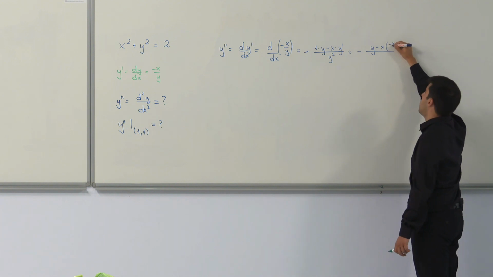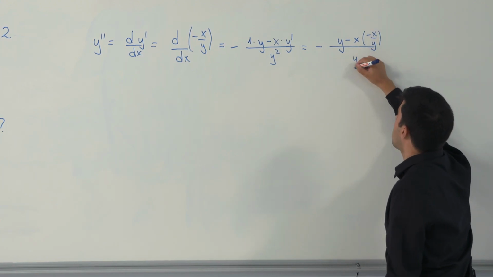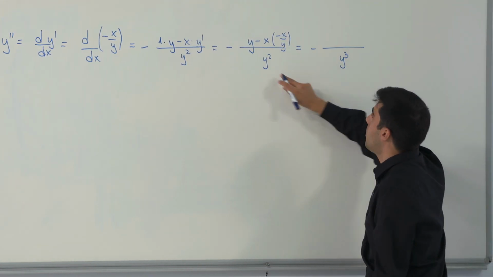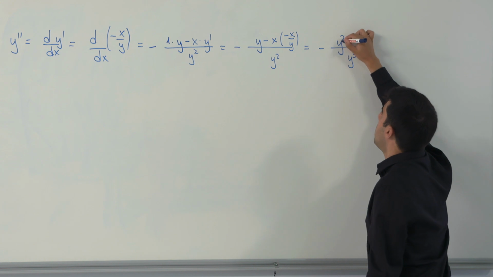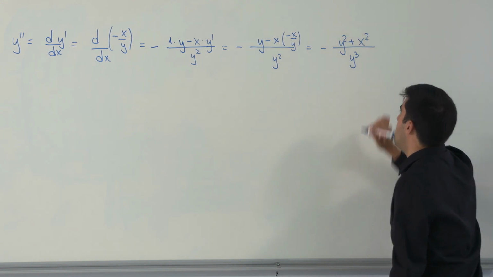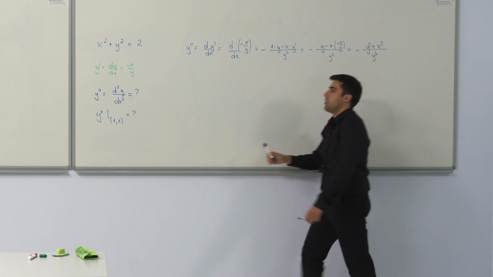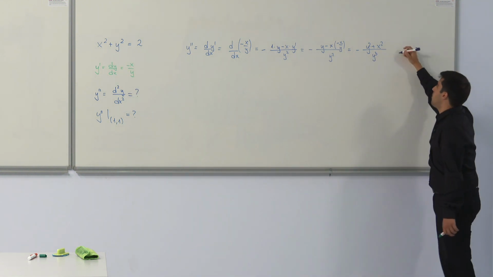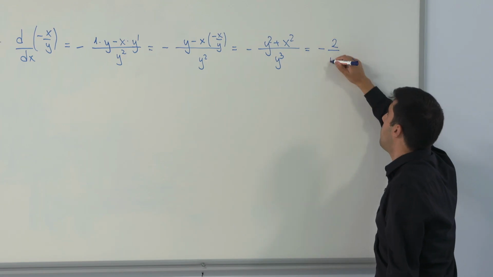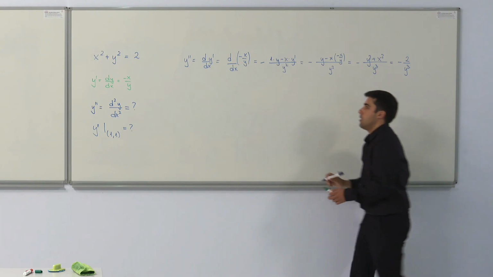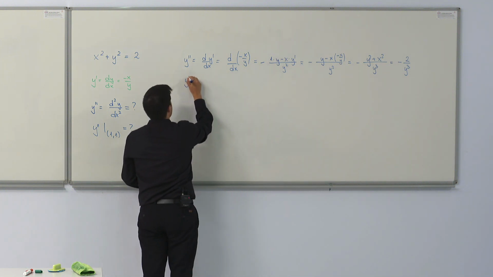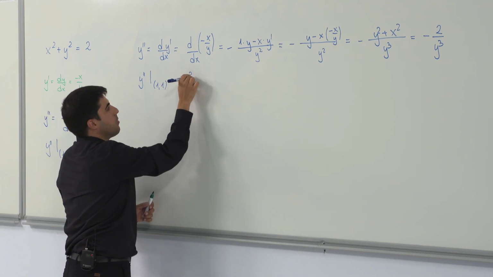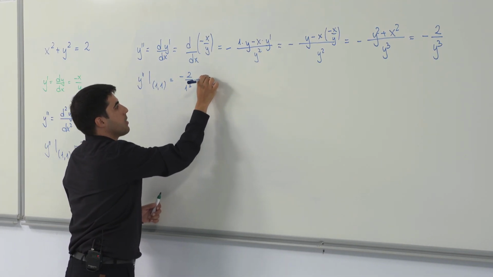So I put it over here, minus x over y squared, which is minus y squared plus x squared over y cubed. If you also note that x squared plus y squared equals 2, you can use this to obtain minus 2 over y cubed. So the value of the second derivative at 1, 1 is minus 2 over 1 cubed, which is minus 2.